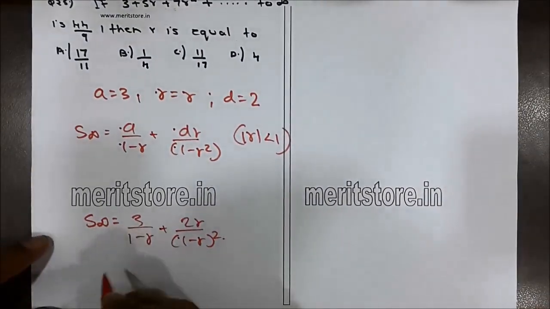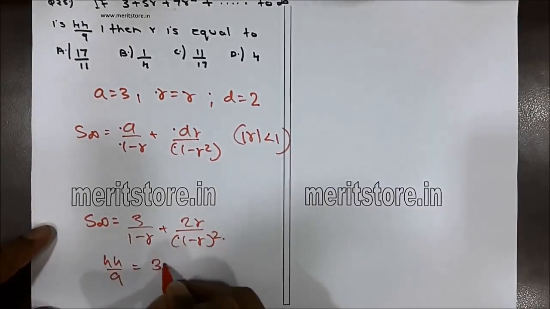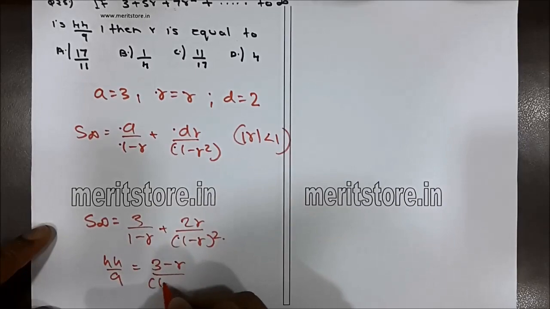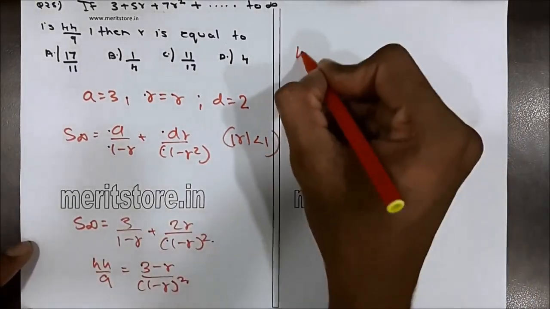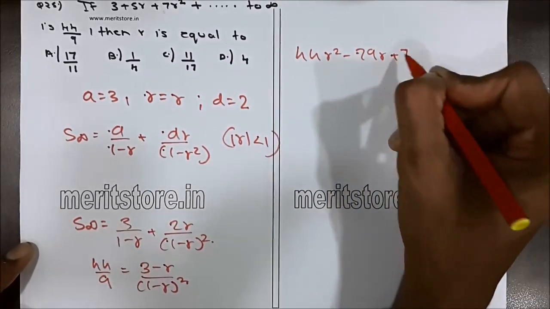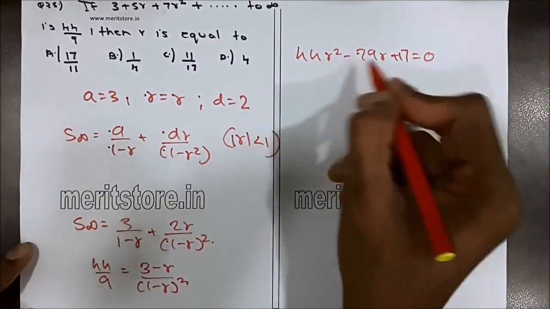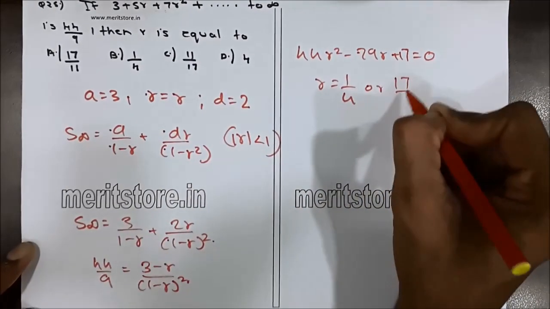We solve this, we get 44/9 equal to (3 - r)/(1 - r)². We solve this, we get 44r² - 79r + 17 = 0. We solve this, we get r = 1/4 or 17/11.